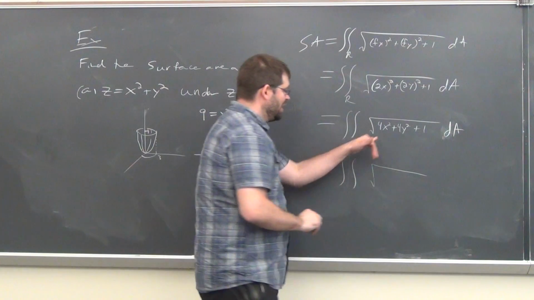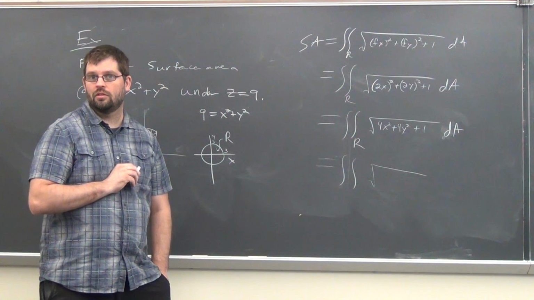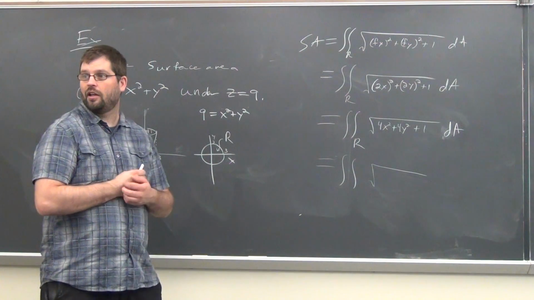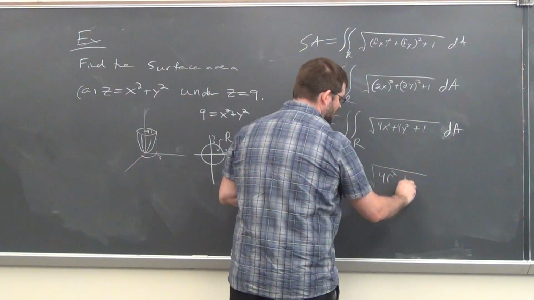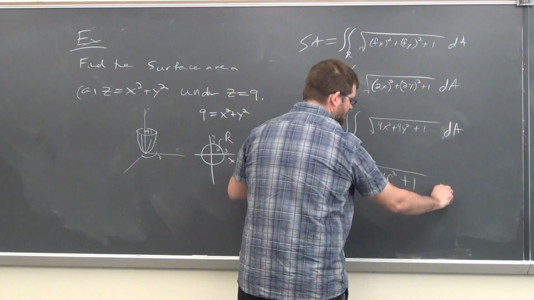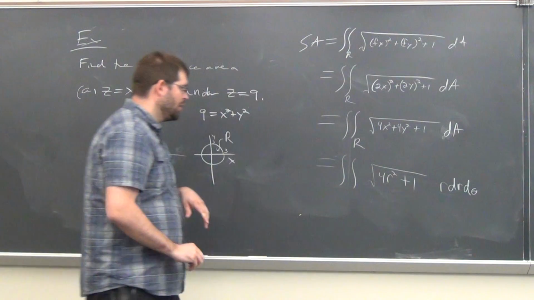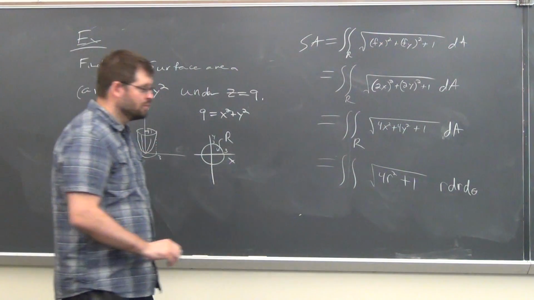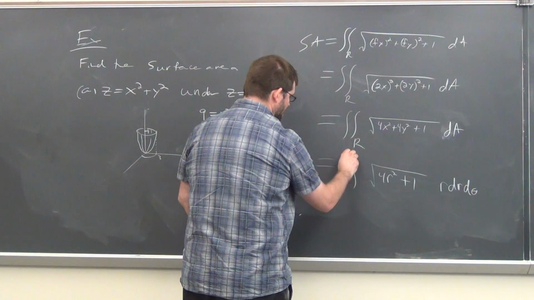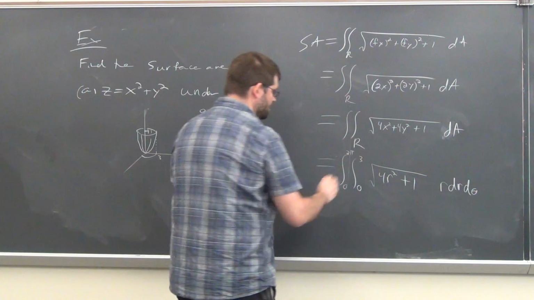So what's this going to become inside here when you switch to polar coordinates? Well, 4r squared, right? x squared plus y squared is r squared, so 4r squared plus 1, and then r dr d theta, and your bounds, theta is the whole circle. Good, 0 to 2 pi, and 0 to 3. Good. Does that make sense?